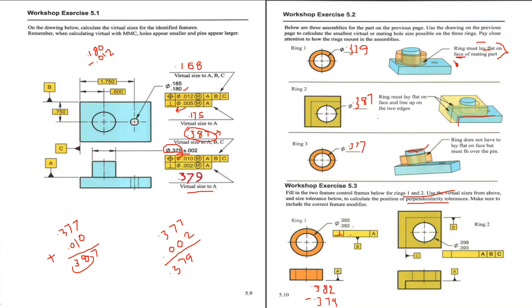So my perpendicularity tolerance would be 0.003, and with the maximum material condition, I'm writing this out because of the space.